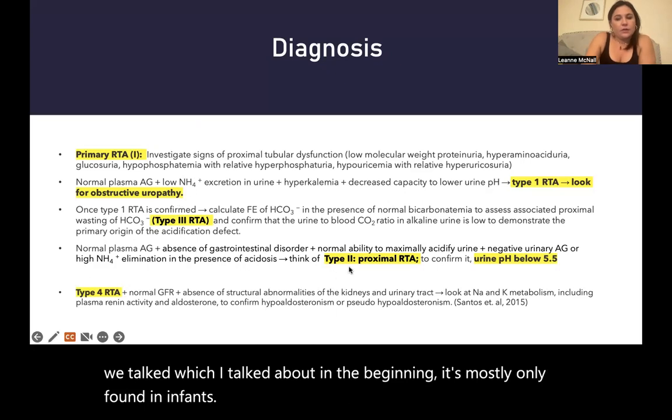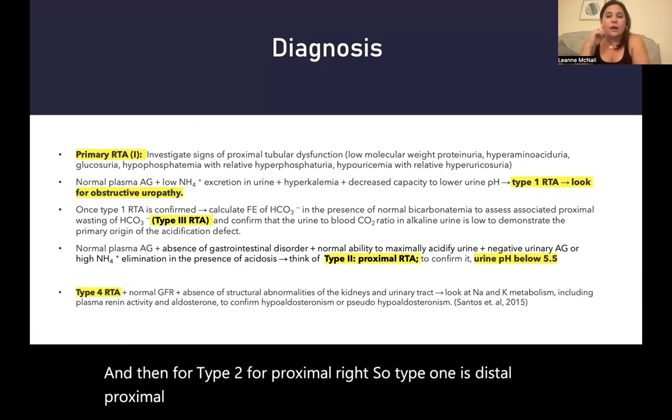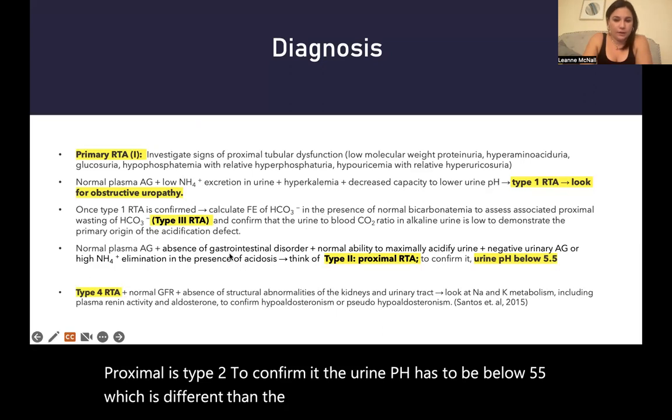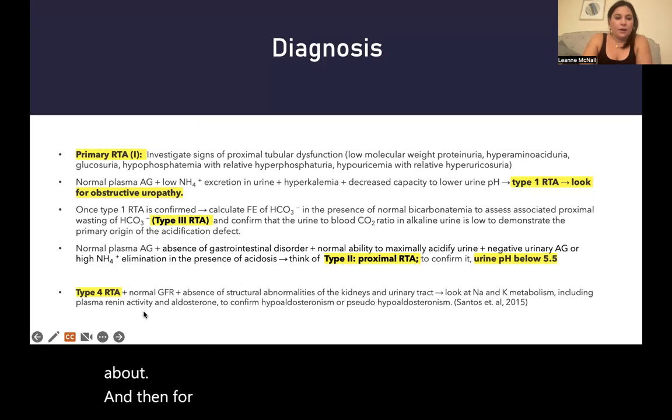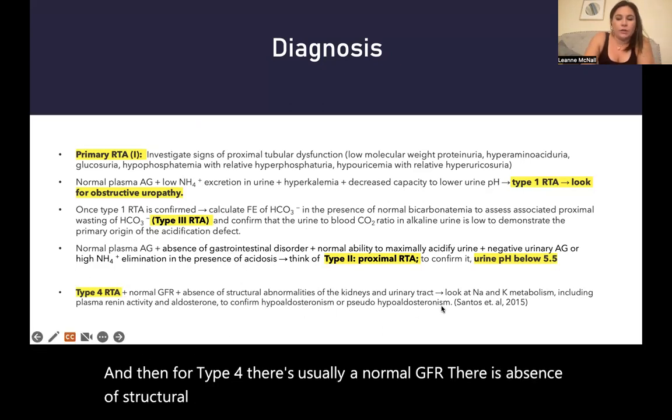And then for type 2, for proximal, right? So type 1 is distal, proximal is type 2. To confirm it, the urine pH has to be below 5.5, which is different than the other type 1 that we were talking about. And then for type 4, there's usually a normal GFR and absence of structural abnormalities of the kidneys or urinary tract.